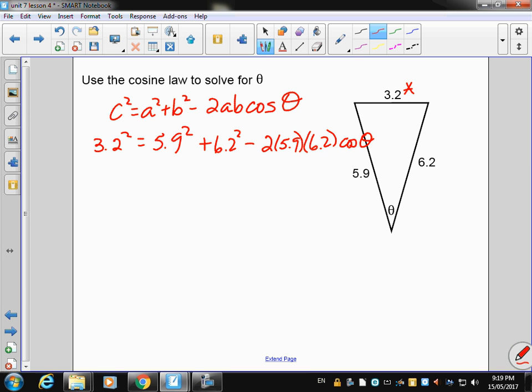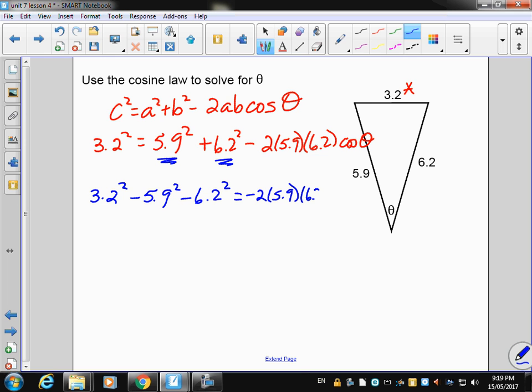All right, you ready? This is the tricky part. I want to get cos theta by itself. So I am going to get rid of the two add-ons first. So I'm going to do 3.2 squared subtract 5.9 squared subtract 6.2 squared equals negative 2 times 5.9 times 6.2 cos theta.